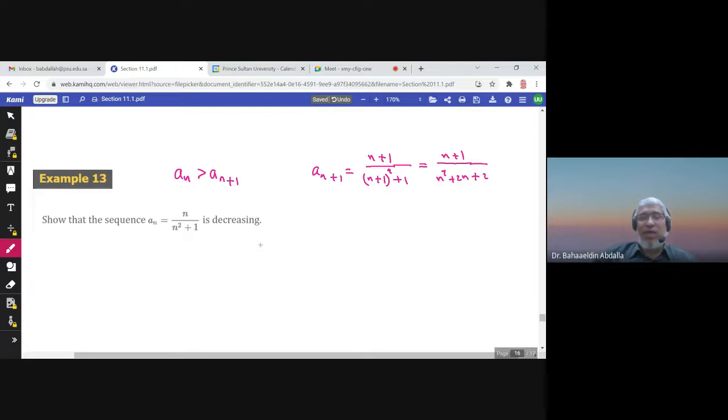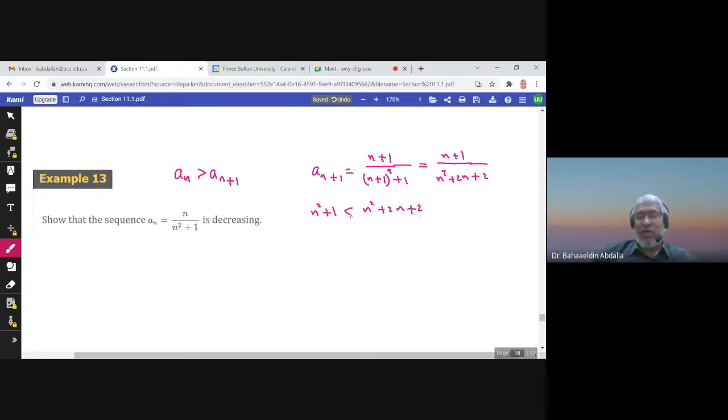To prove that an is greater than an plus 1, I will start as usual from the denominators. Now what about n squared plus 1 and n squared plus 2n plus 2, which is larger? Notice that n is a positive integer.